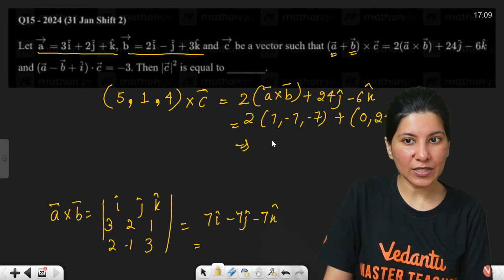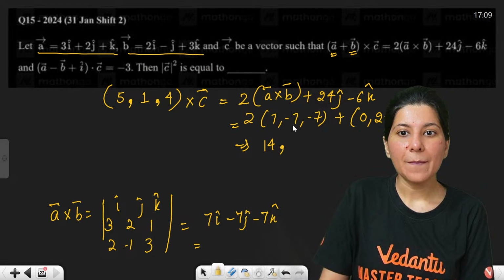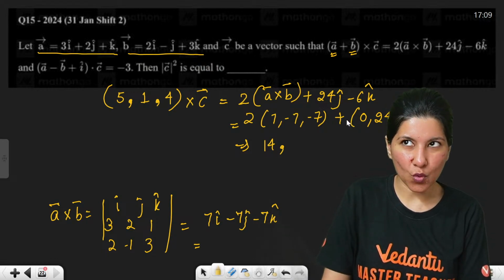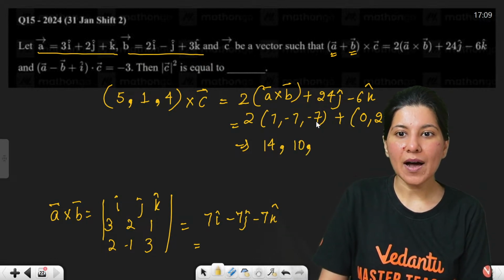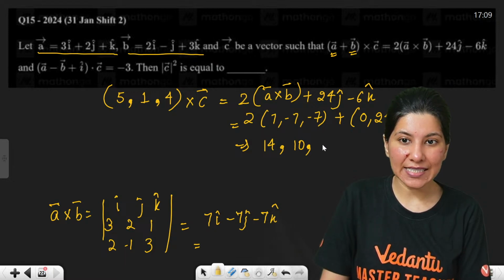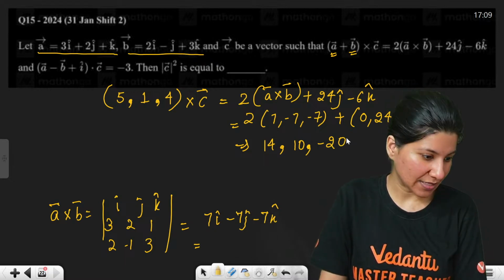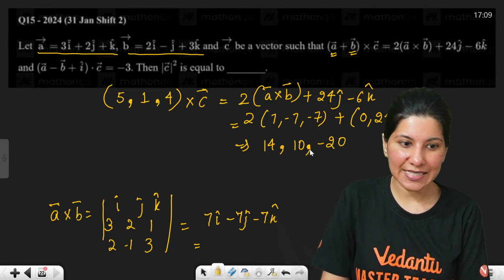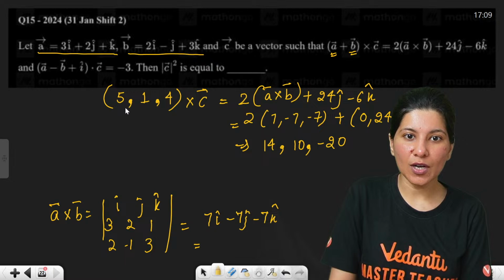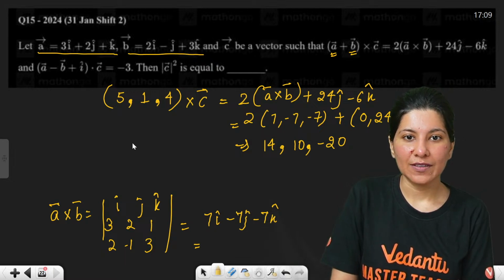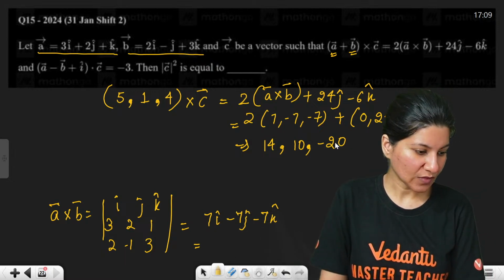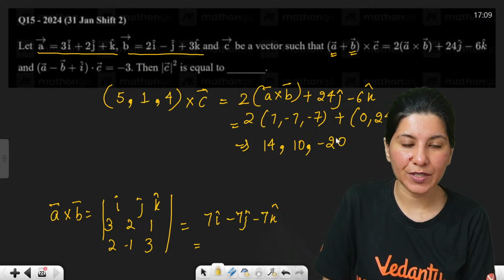So this is 14 comma minus 14 plus 24 will be 10 comma minus 14 minus 6 will be minus 20. That's it. 14, 10, minus 20 is what we are getting. This is the thing which we are getting. Okay, all right.